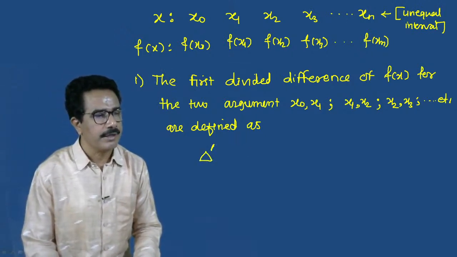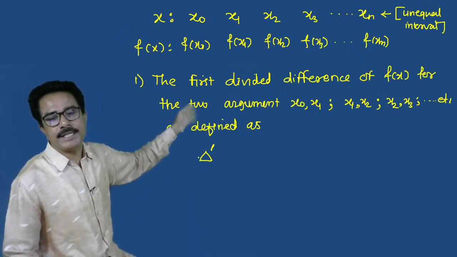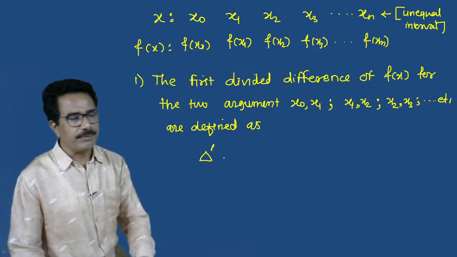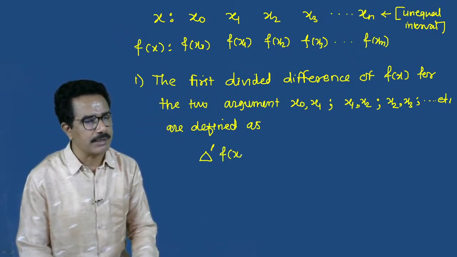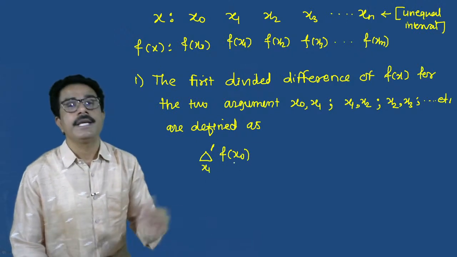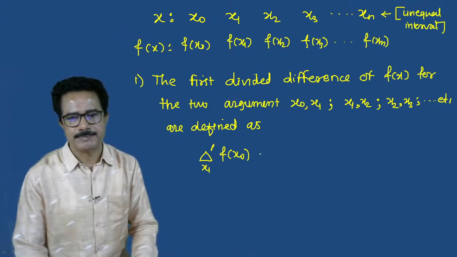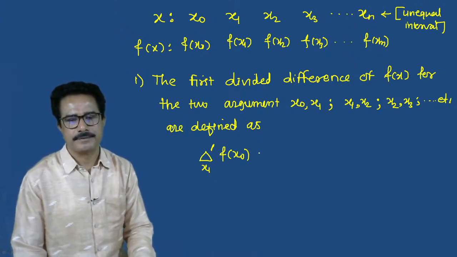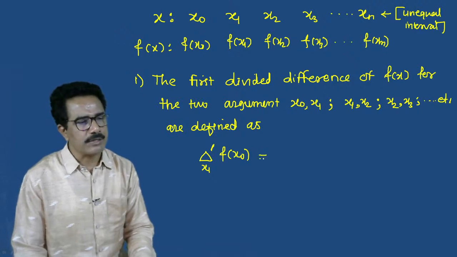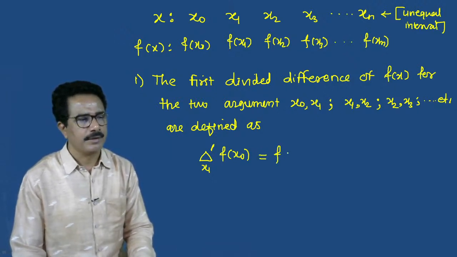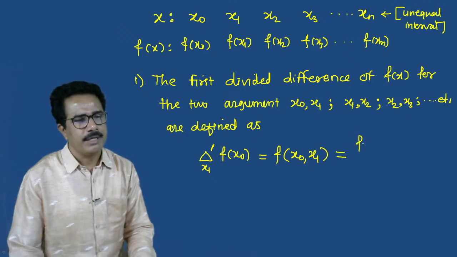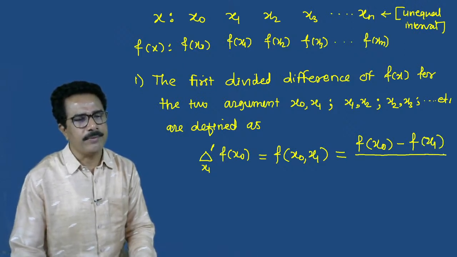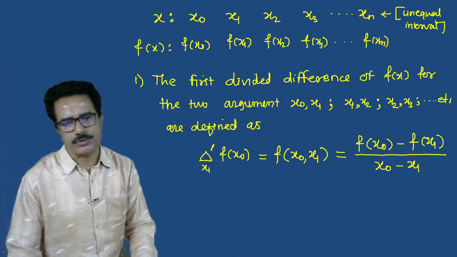See this notation, delta dash means first divided difference of f of x0 over x1, which is also denoted by f of x0 comma x1, which is given by f of x0 minus f of x1 divided by x0 minus x1.